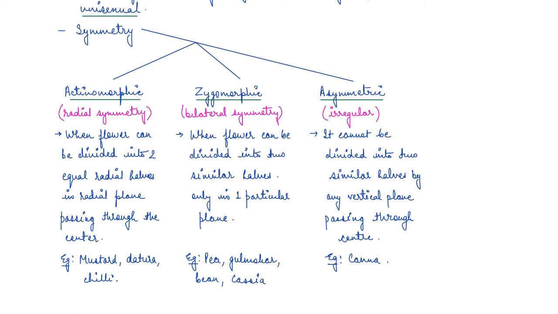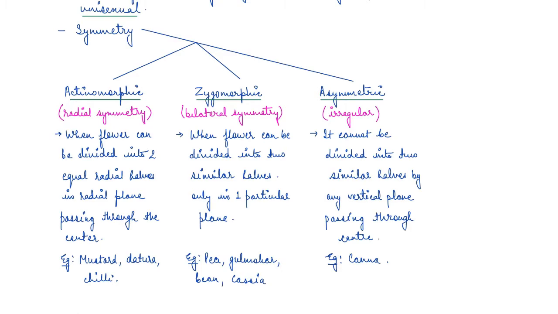So, when a flower can be divided into equal radial halves, right? So, you divide a flower into two halves in a radial plane which is passing through the center. It is actinomorphic. So, plants like mustard or datura or chili have actinomorphic flowers.